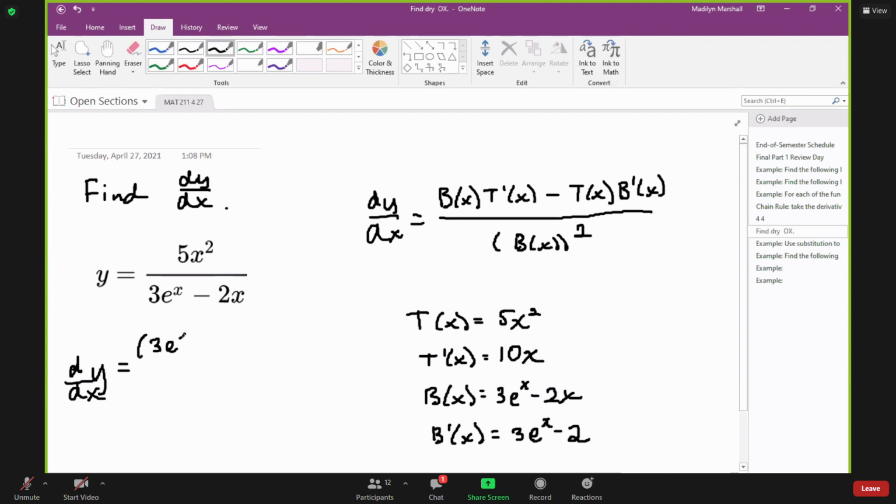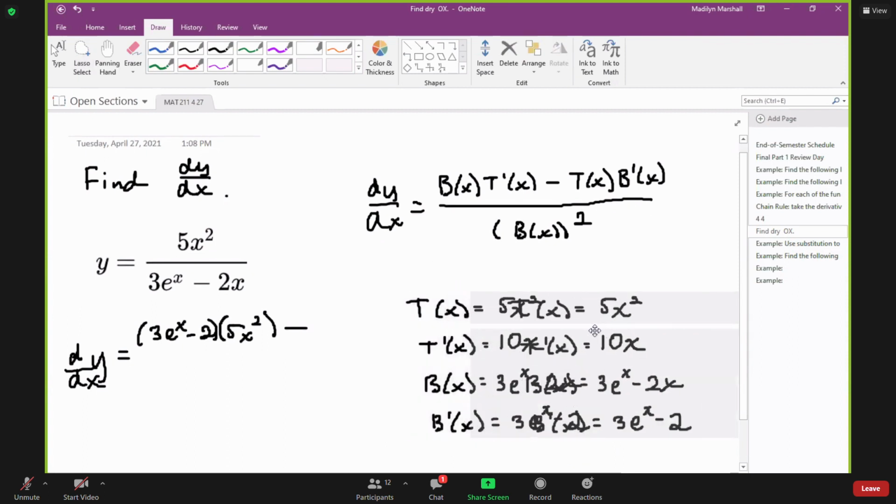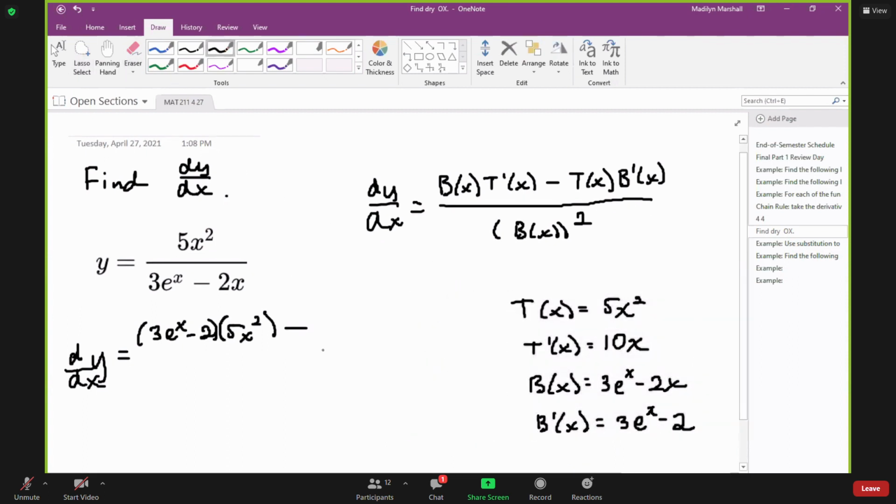So we have the bottom times the derivative of the top minus the top times the derivative of the bottom.